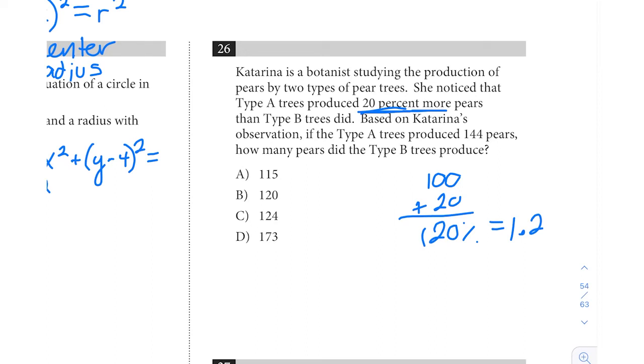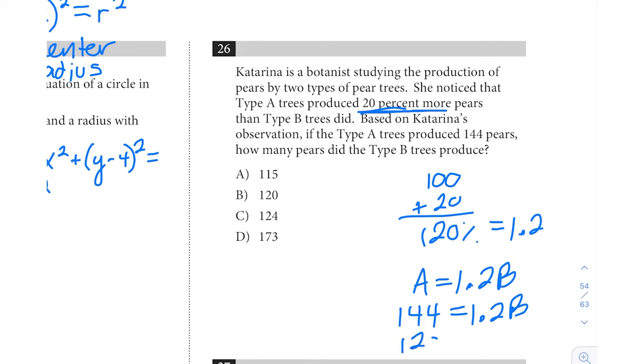So here your multiplier times each of these would be 1.2. That'll save us a lot of time because for these answer choices here, you could set it up as an equation. Type A produced 20% more than type B, which means that type A would be equal to 1.2 B. And you could plug in 144 for A and solve.